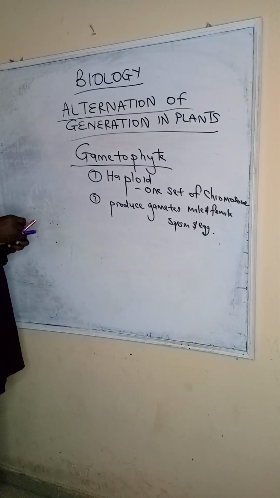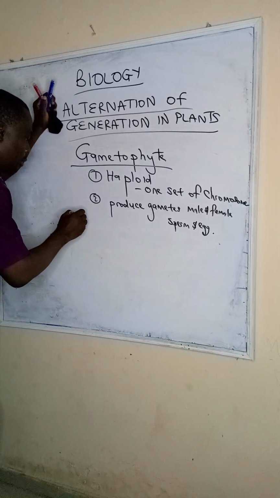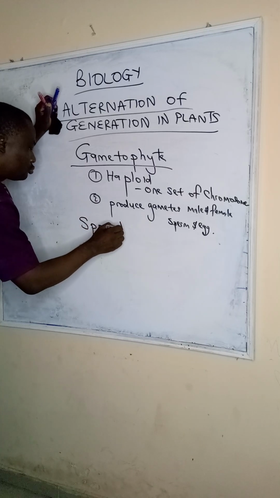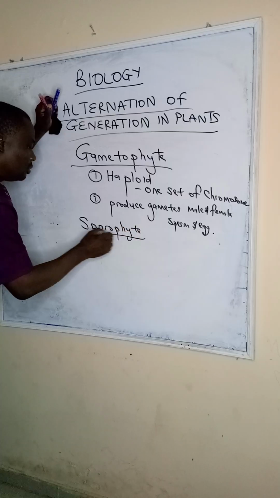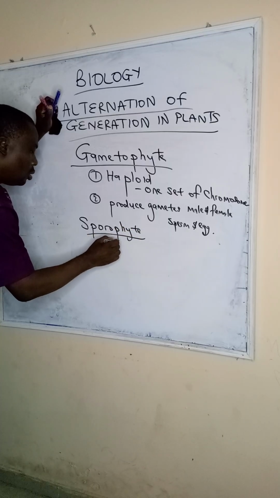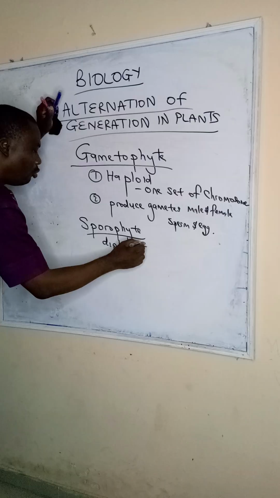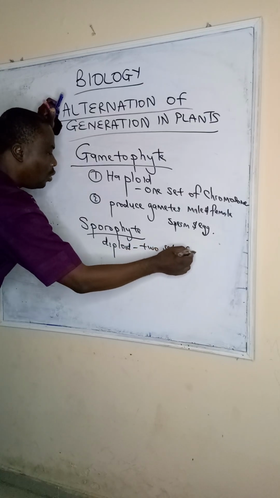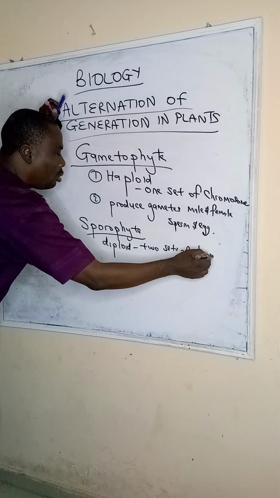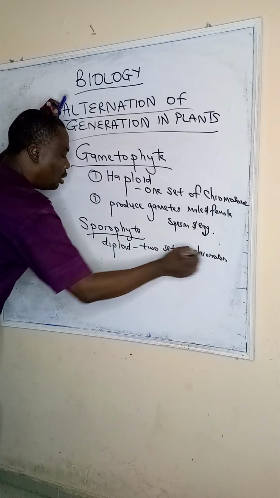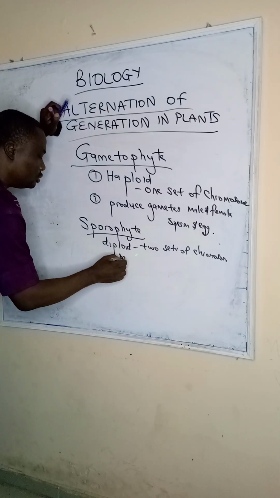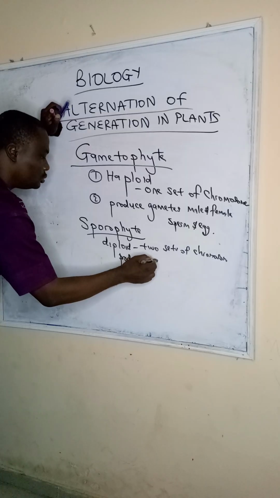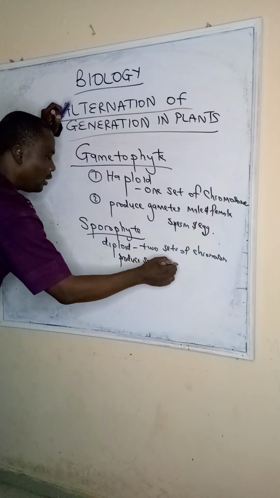So this is the gametophyte. And the sporophyte is diploid. This is two sets of chromosomes, and they produce spores by meiosis.